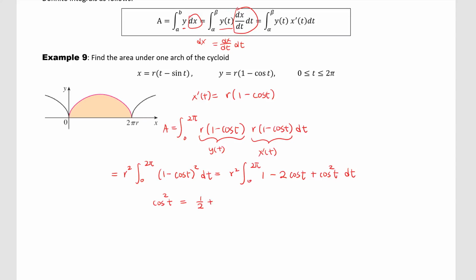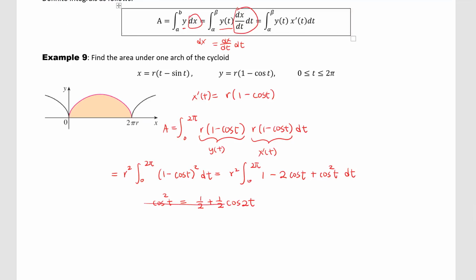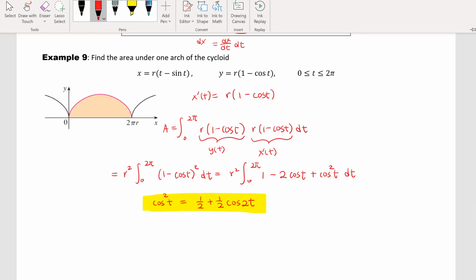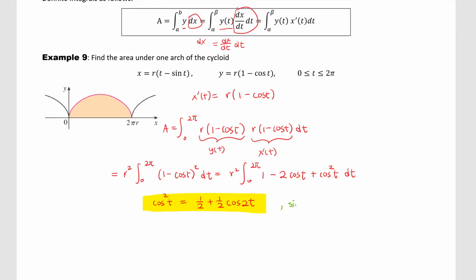Remember, when we decrease the degree, we will actually double the angle. So that is the double angle formula. Okay, so in general, what happens if you have sine? Let me just put it down in case in the next problem you see sine, then you still know how to do it. So sine squared is 1/2 minus 1/2 cosine 2t.